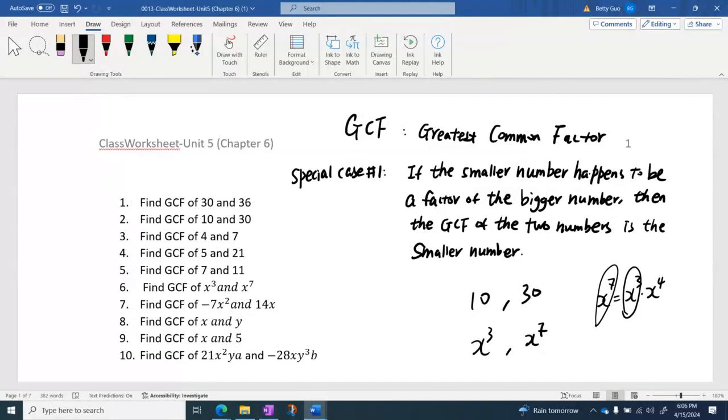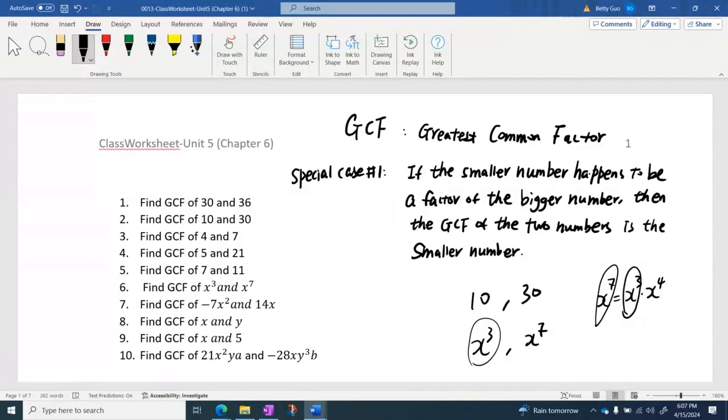Then the GCF of the two monomials should be x to the power of 3, right? When we have two exponential expressions with the same base, the GCF would be the one with the lower degree. Do you guys remember that?